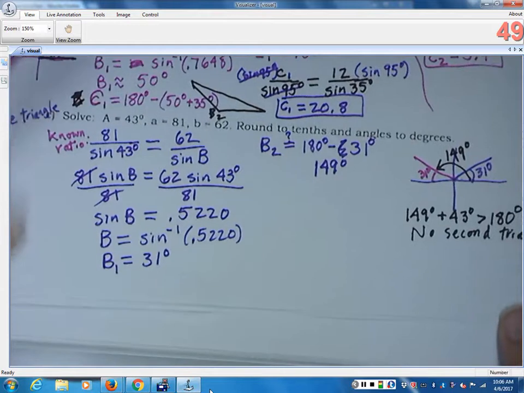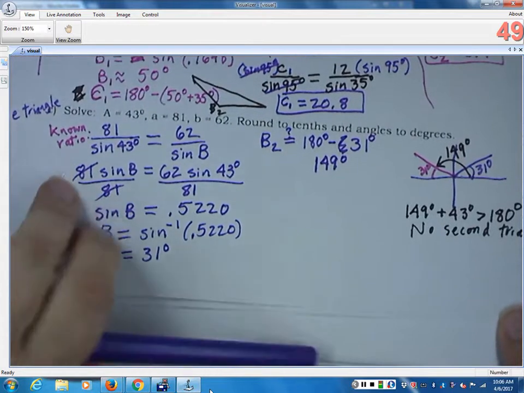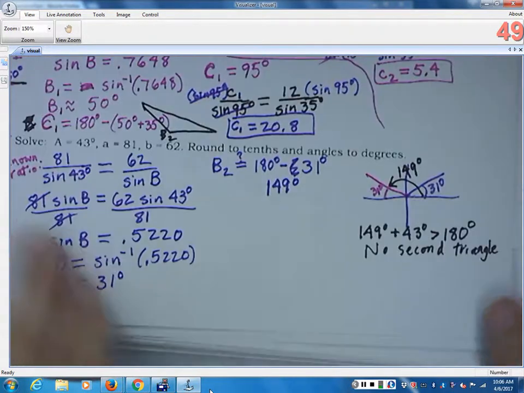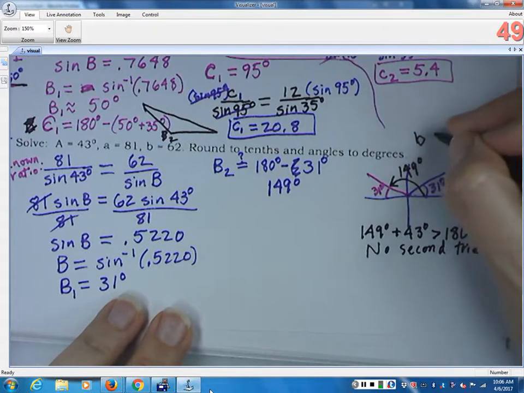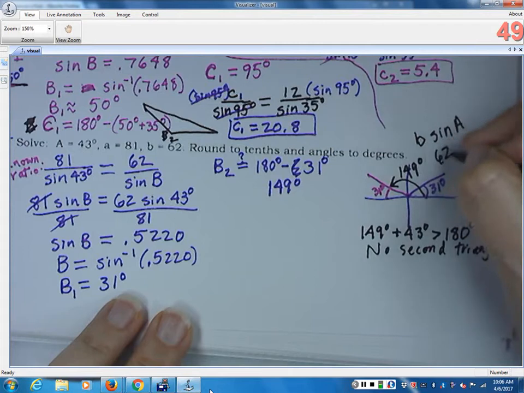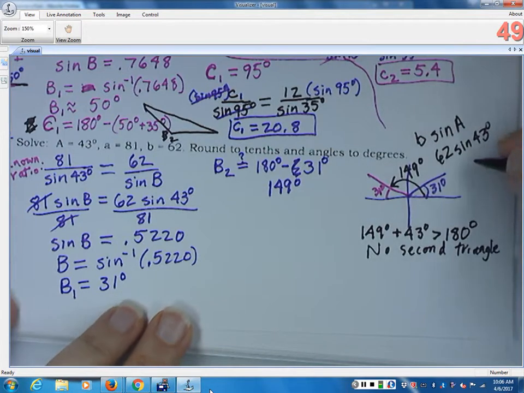Or use Christian's method. B sine of A. So 62 sine 43.